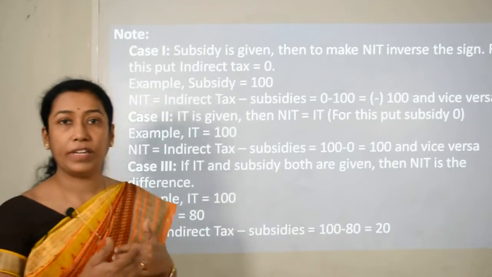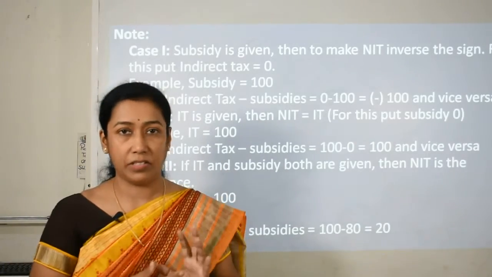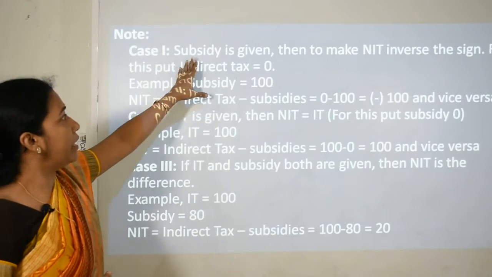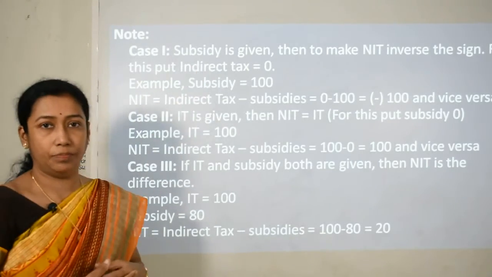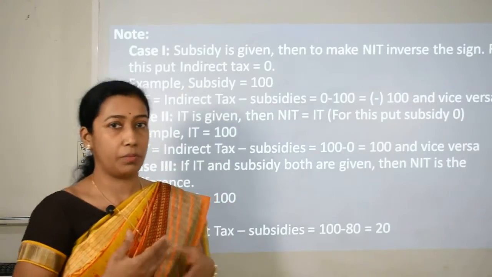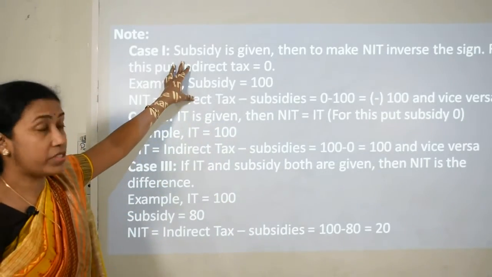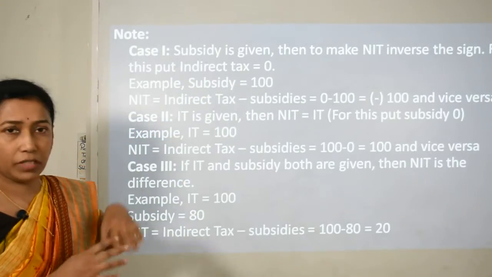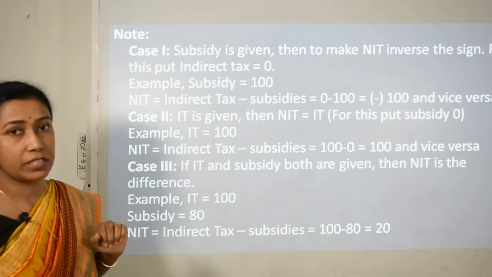Now we can understand this with the help of certain cases or examples. The first case: subsidy is given. When you are given a calculation to find factor cost or market price, and subsidy is given, then to make out net indirect tax, which is not given, we assume indirect tax as 0.